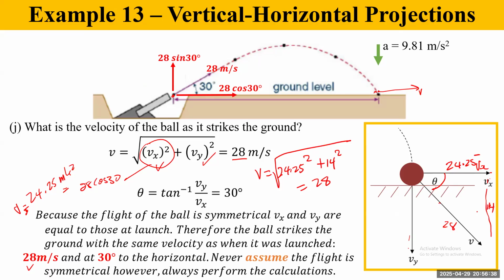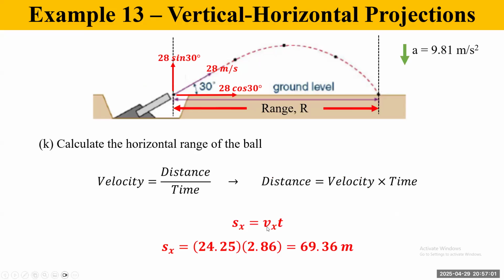All you need is to divide Vy, which is 14, by the 24.25, use your tan, and your tan will give you your 30. So you get back the same angle. The initial angle is the same angle, same 30. Once it's symmetrical, it's the same angle it will hit the ground. All right. So please go back to it, make sure you understand this.